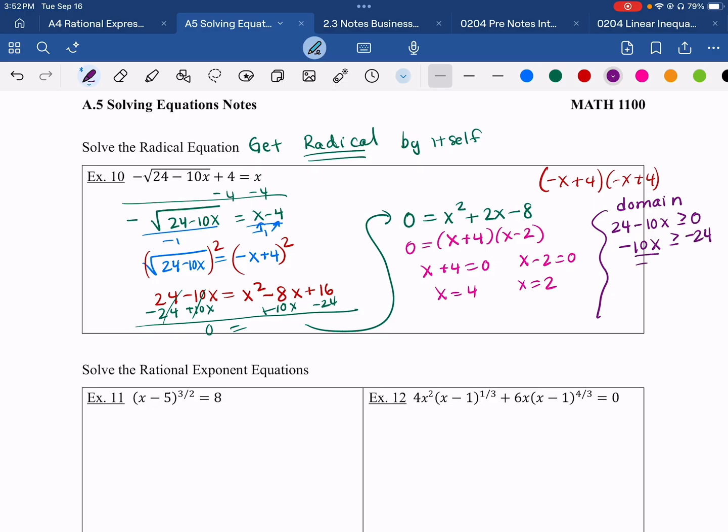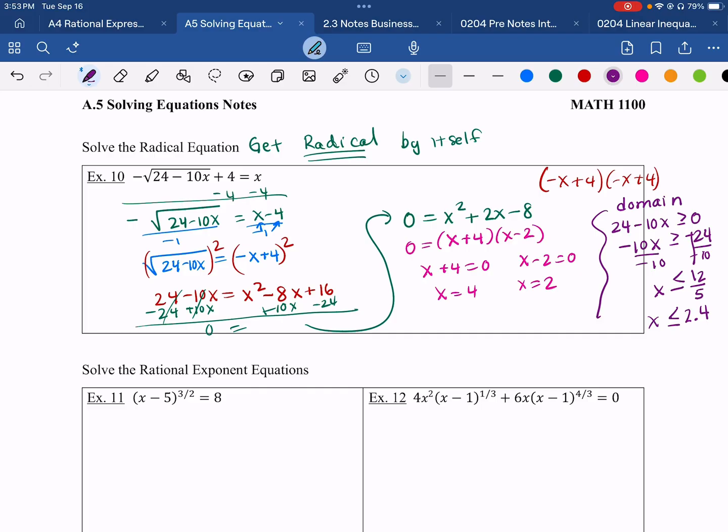Divide by negative 10. Switch the inequality. X is less than or equal to, I can divide by 2, 12/5. If you want a decimal, it has to be less than or equal to 2.4.